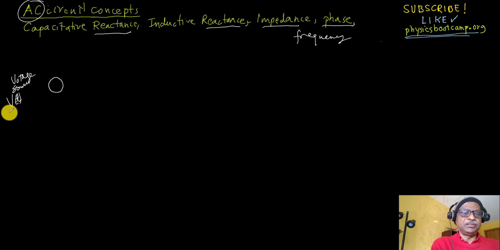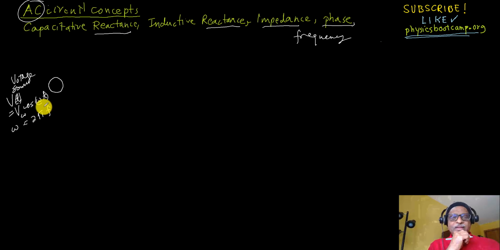We can usually write it as V0 cosine omega t, where omega is the angular frequency, related to the real frequency by 2 pi f. It is going to have two terminals. Usually we denote the whole symbol like this, a voltage source.